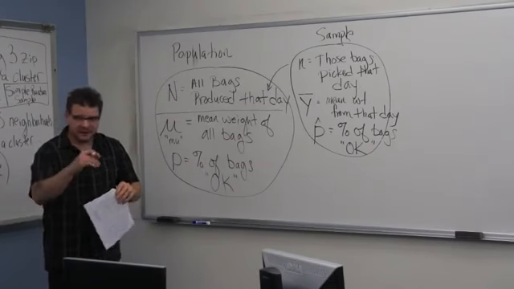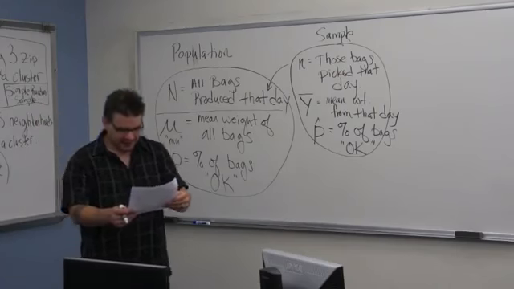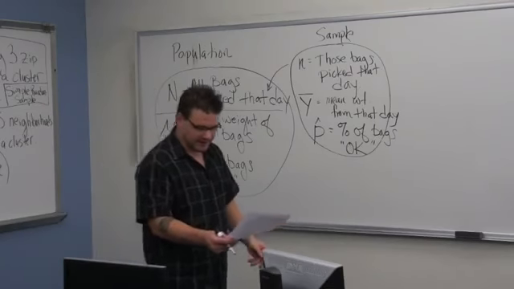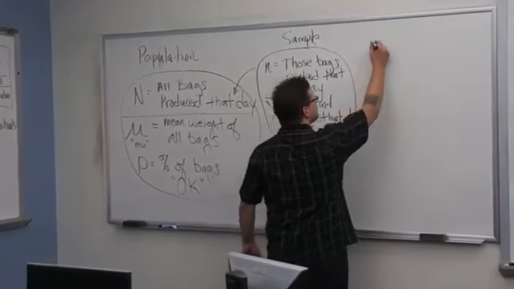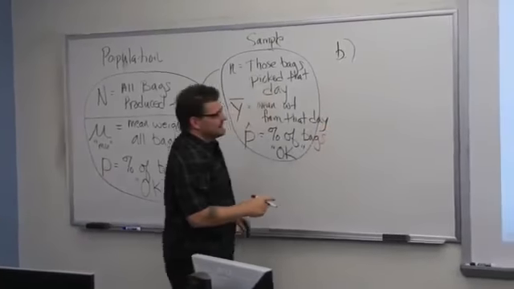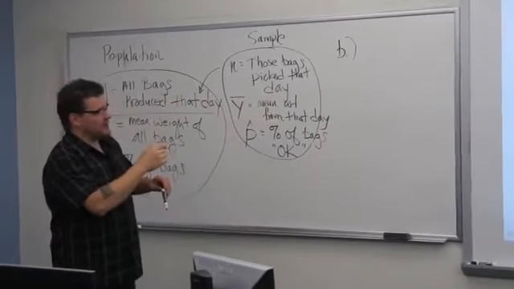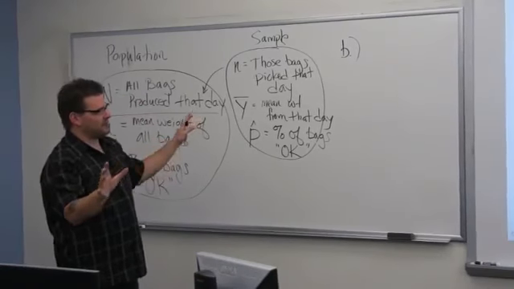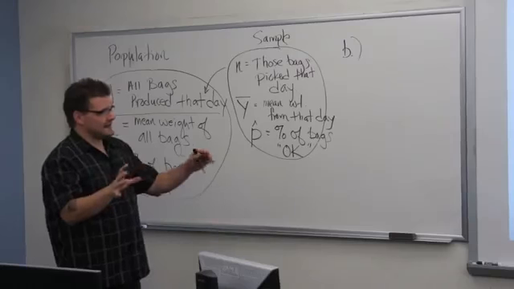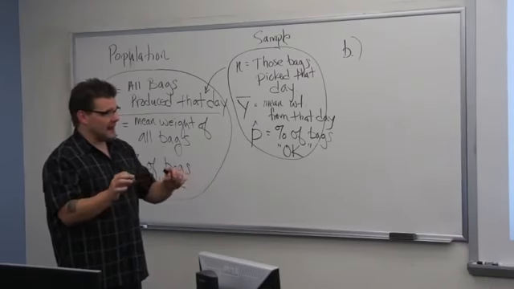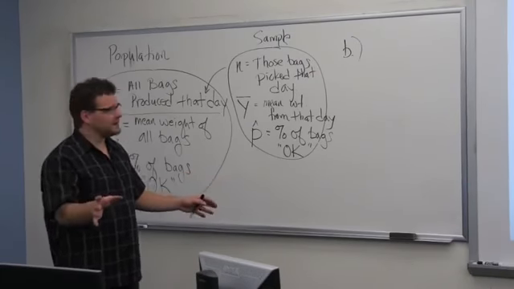All right, B and C, and we'll call it a day. Part B says identify all methods of sampling used in this problem. What did we do here? I take all of my production and I'm selecting 8 cases. Once those 8 cases are selected, every bag in the case is weighed.